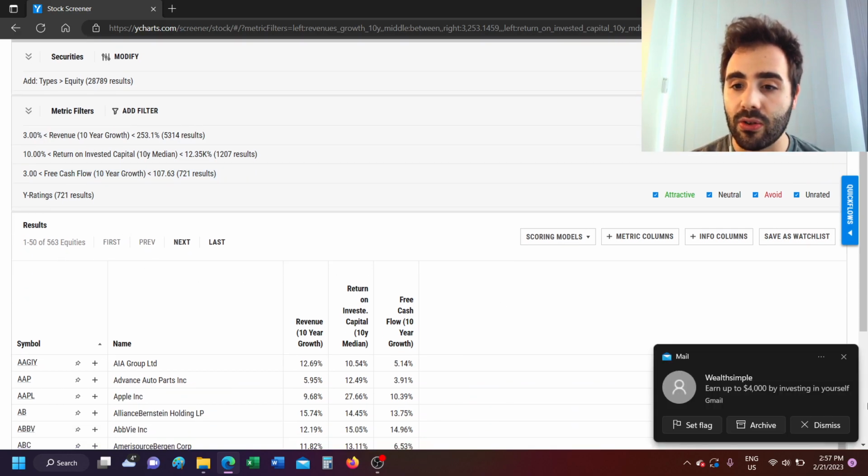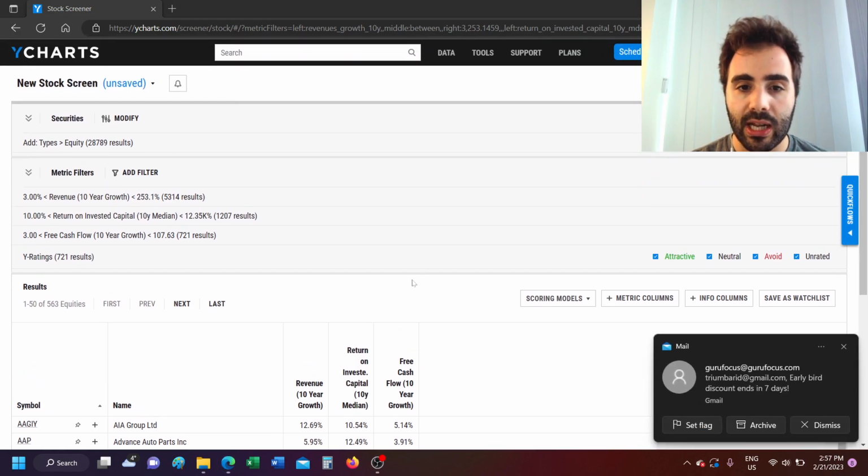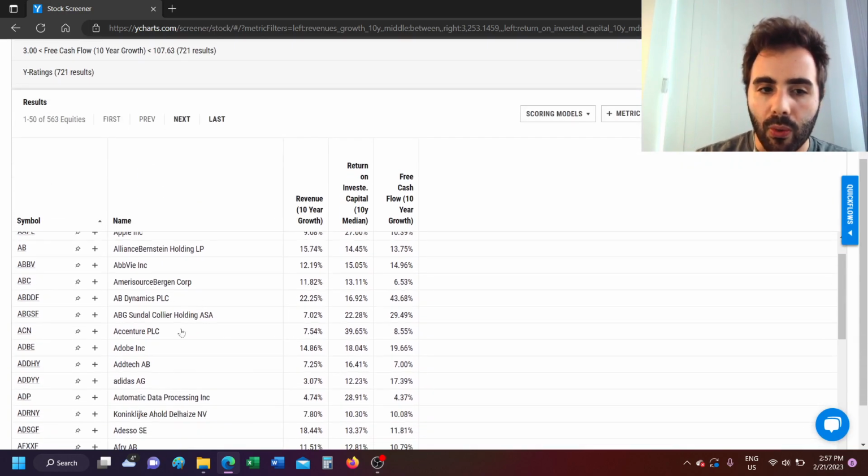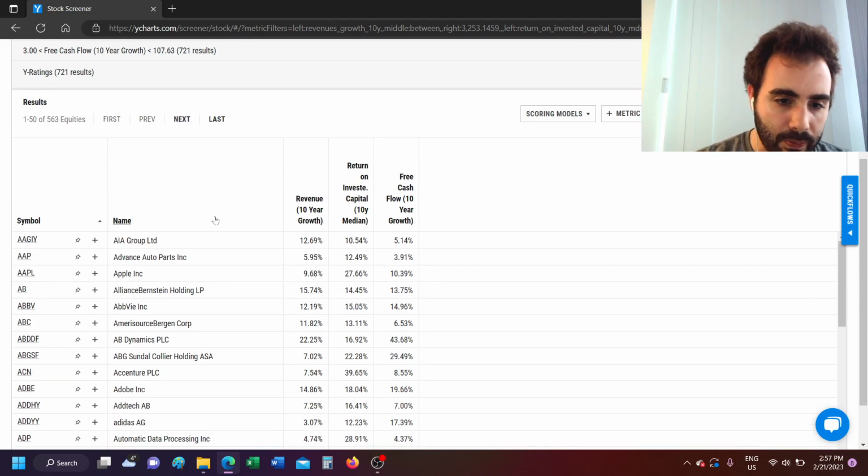So that's really substantial in terms of the number of companies that we have to work with. Rather than it being so large, 29,000, we only have 563 to look through one by one now, which is what I like to do.